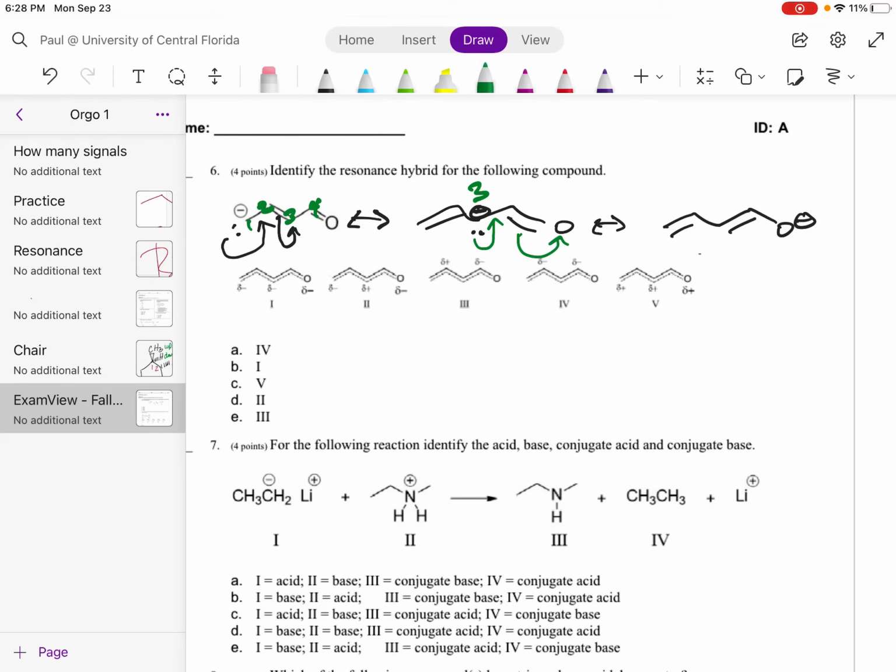So when I draw my resonance hybrid, I will draw all single bonds like that. There's my oxygen. And then I see that I have single bond character here and double bond character. See that? Single and double bond character. So I'm just going to put a dotted line that represents, hey, that's single bond character and double bond character.